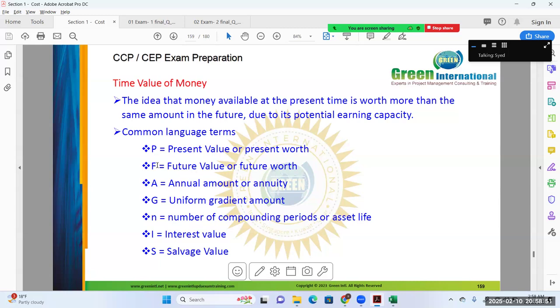So if you're investing in any business, we need to know the potential earning of that money, the returns. For that we'll be using different cash flow methods: present value, future value, annuity, and uniform gradient.